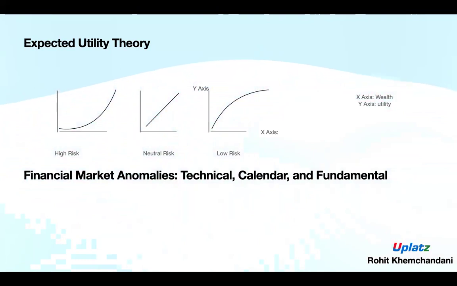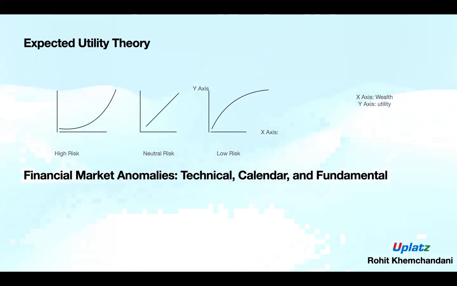So basically, low risk, neutral risk, and high risk individuals. A risk averse investor has a concave curve, which is explained in the figures, the first and third, the high risk and the low risk. So low risk is the risk averse and high risk is the risk loving individuals.